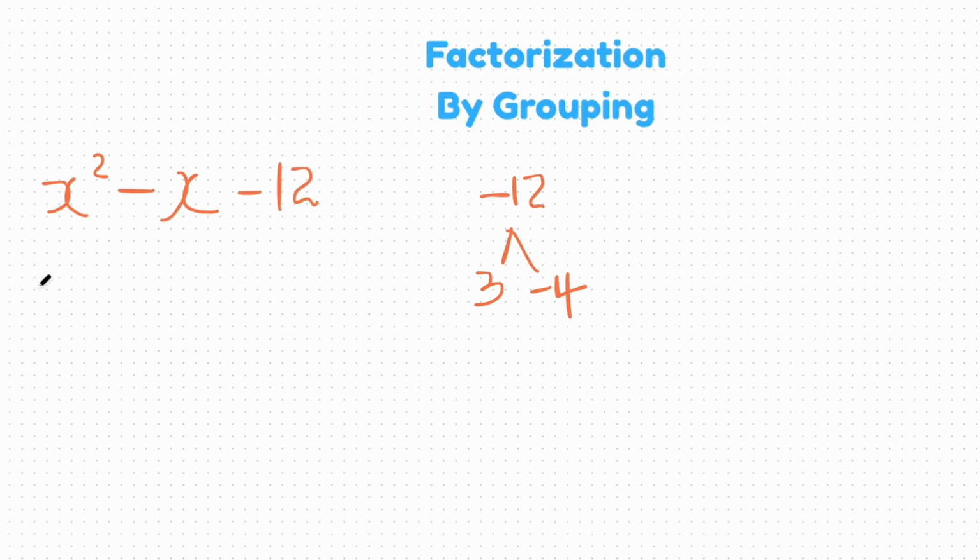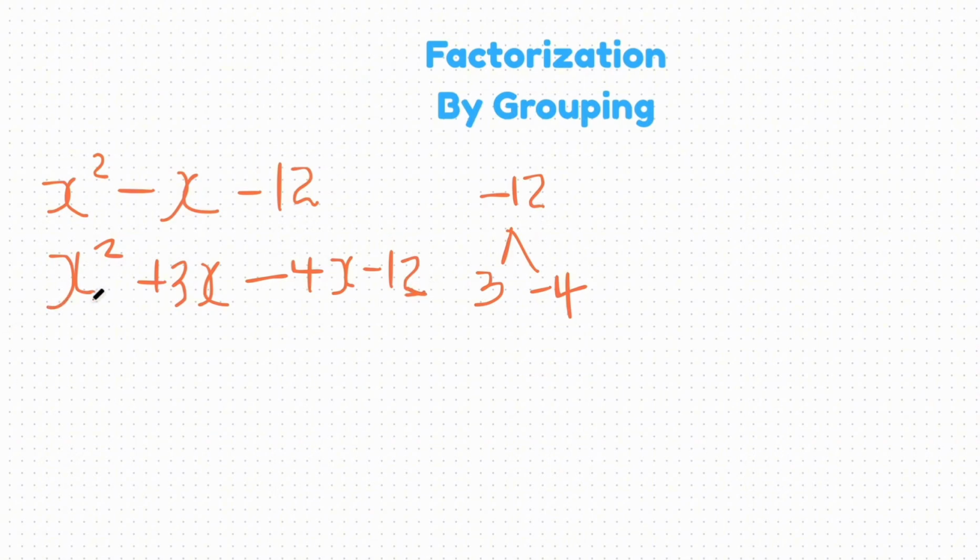So now we can change our negative x into 2 terms. So x squared plus 3x minus 4x minus 12. We have 4 terms. We can go ahead and factorize by grouping.